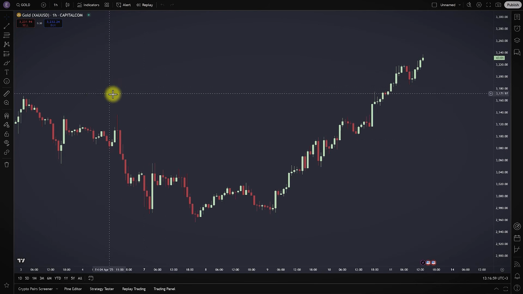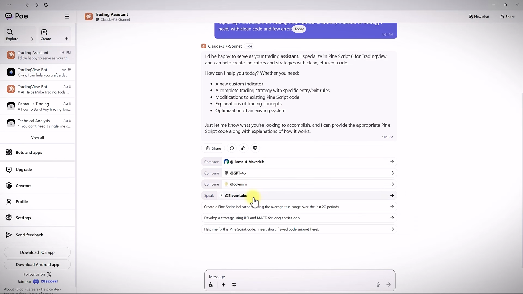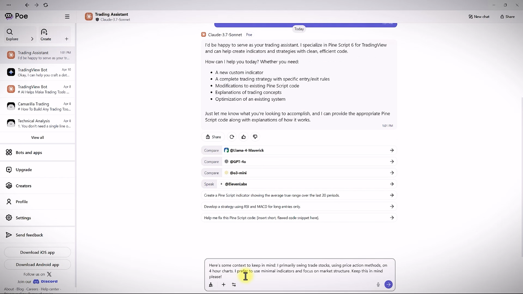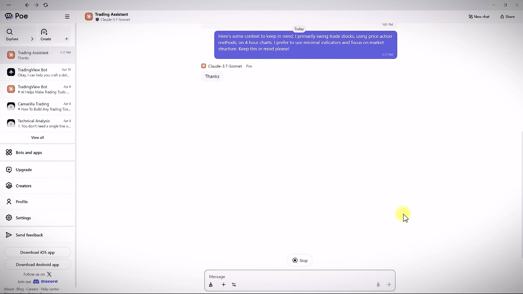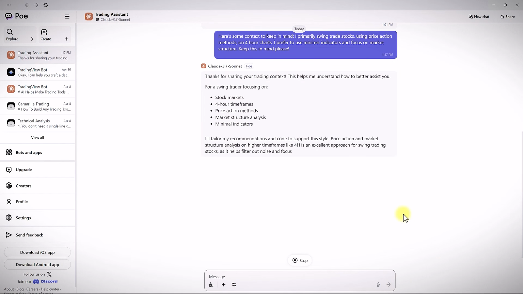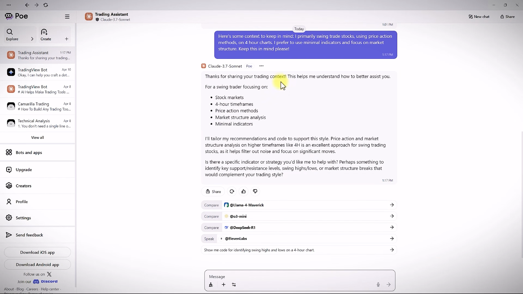You'll also mention your risk tolerance and your trading style, like trend following or breakouts. For instance, you might say, I primarily swing trade stocks using price action methods on 4-hour charts. I prefer to use minimal indicators and focus on market structure. The more context you provide, the more tailored the advice becomes.